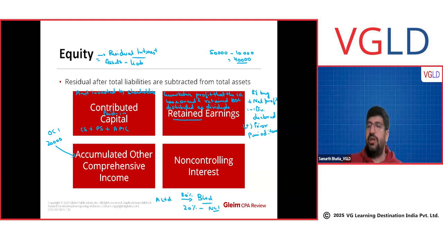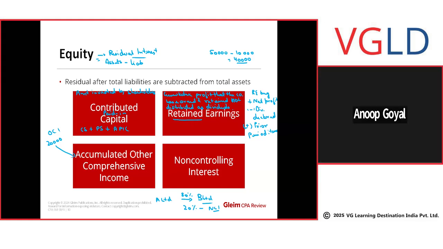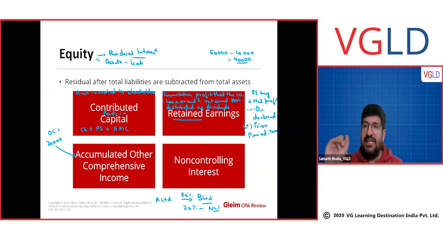So this is not going to be a temporary account. The OCI balance will keep on adjusting. That's why we are not reflecting it in the income statement, because the income statement cannot be adjusted again and again, but the OCI balance can be. So that is why we are showing these items separately from the income statement items.